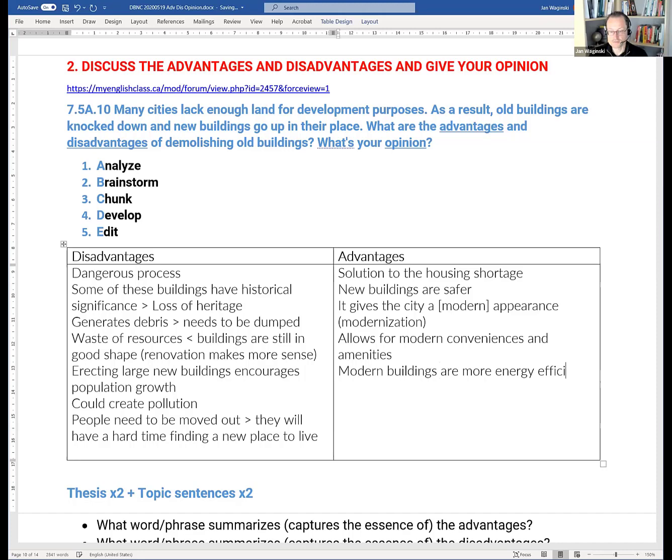Energy efficient is a phrase. Right, like a modern house, for example, is practically hermetically sealed.